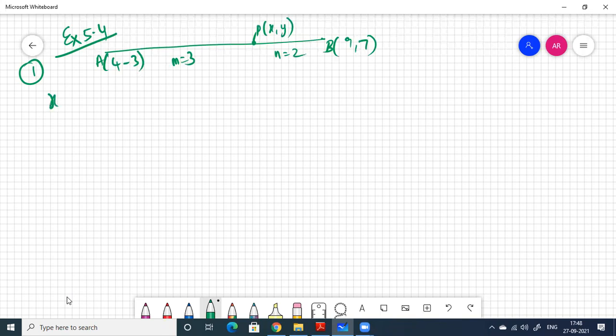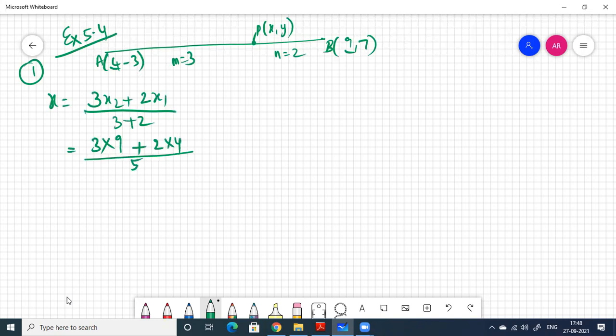X equal to 3 into x2 plus 2 into x1 divided by 3 plus 2. That is the formula, m plus n. So x2 is 9, 3 into 9 plus 2 into x1. x1 is 4, 2 into 4, divided by 3 plus 2 which is 5.